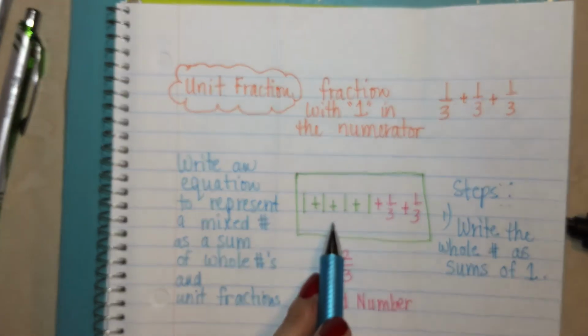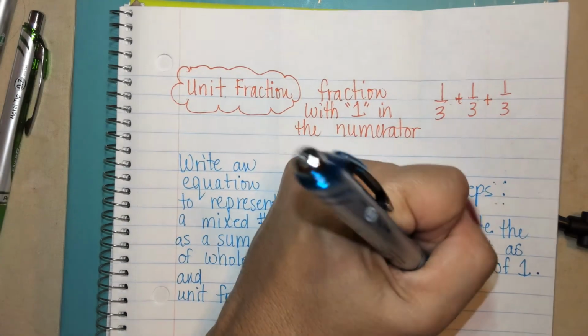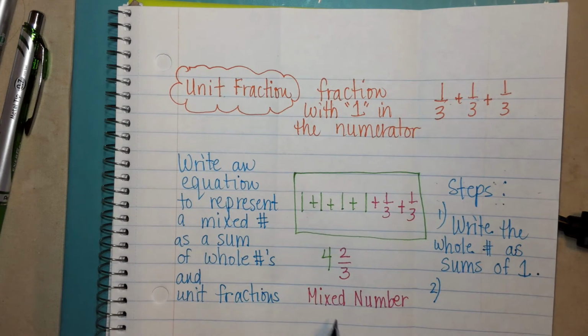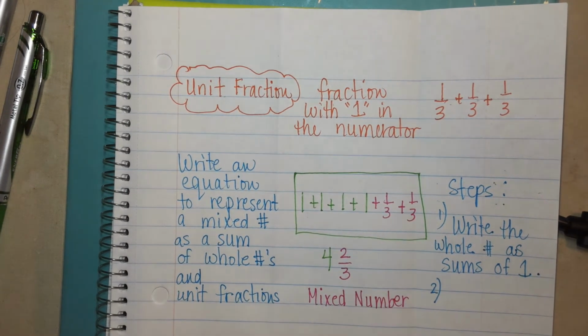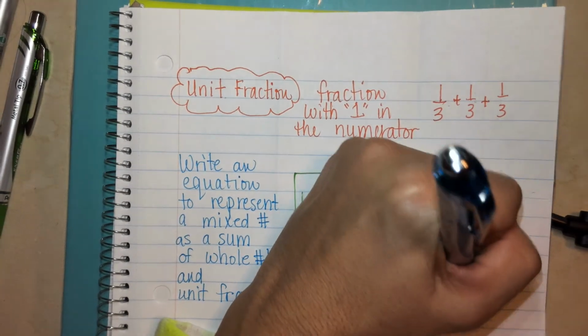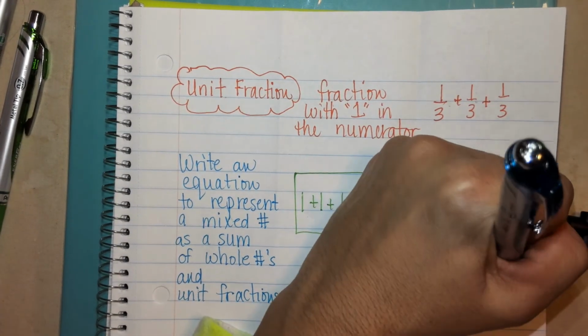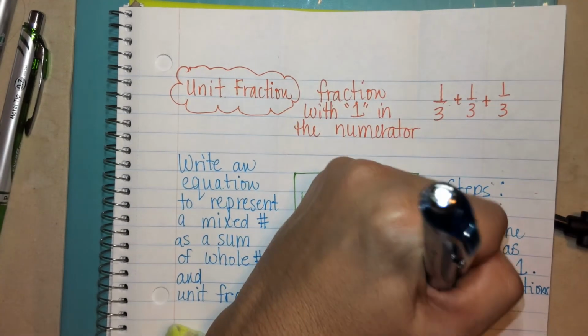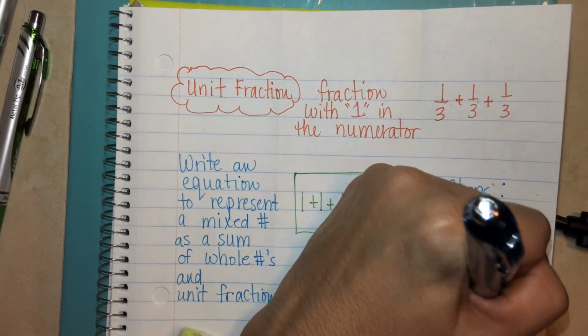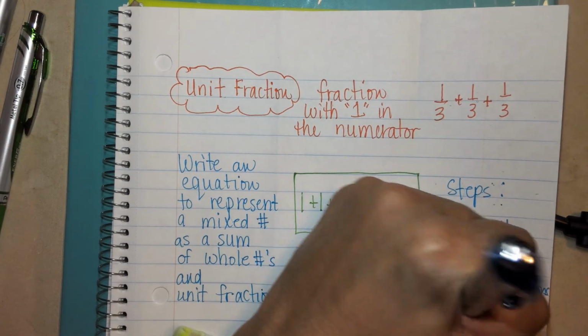That's this part. Second step to getting a mixed number when you have a combination of whole numbers and fractional parts is to write the fractions as unit fractions.